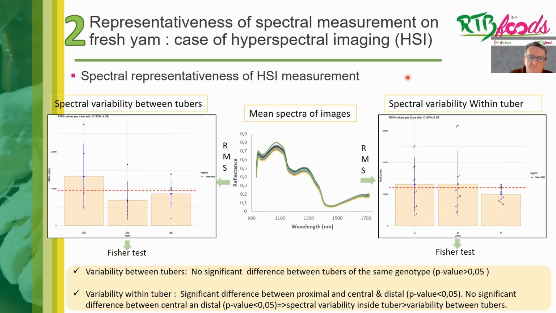In this case, for yam, I see much less difference within the tubers, not a very big difference between tubers, even when we see the dry matter values. It's the same. I think we see that inside the tuber there is high variability.